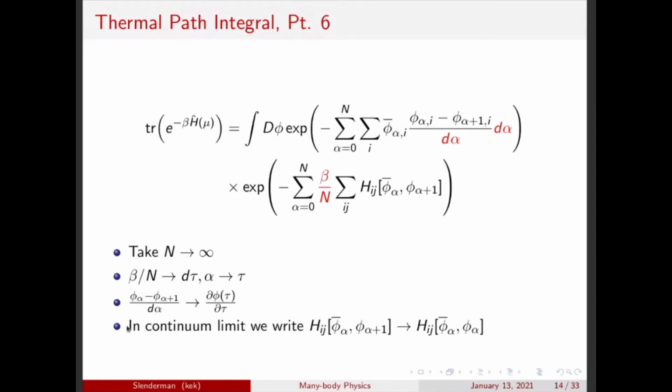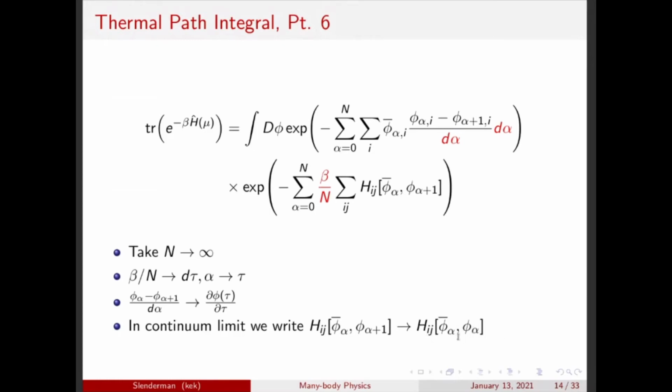Now, one thing that I personally didn't find too justified, but is commonly done in the literature, is that when we take this n to infinity continuum limit, these Hamiltonian matrix elements evaluated at different alpha become the same matrix elements evaluated at the same alpha.